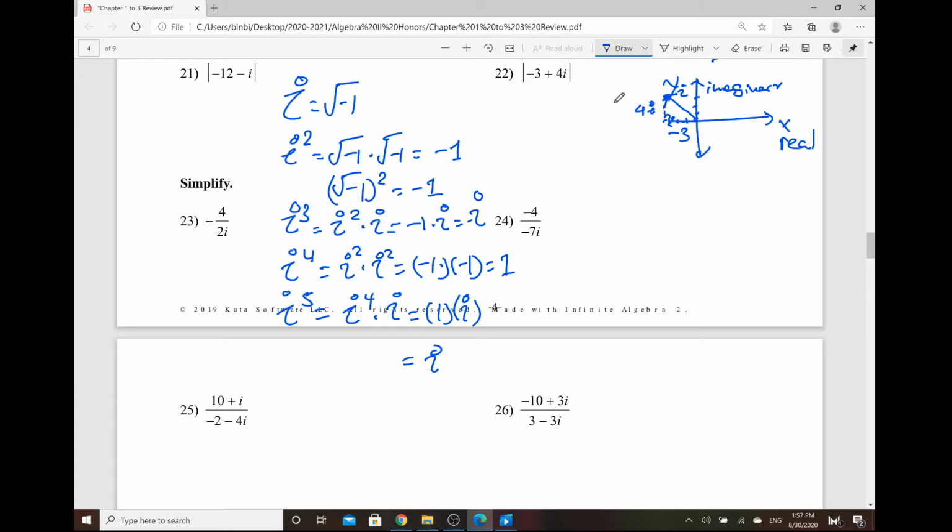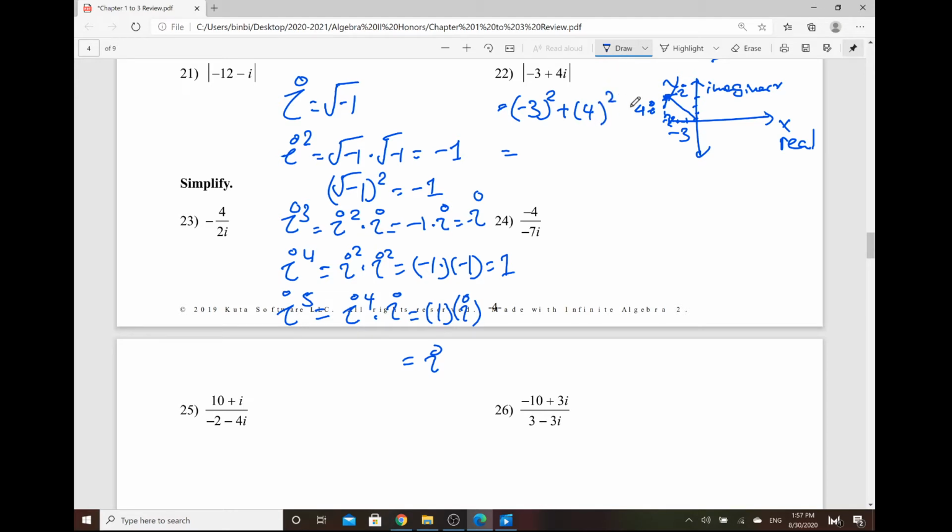The way to find it is by using the Pythagorean theorem. Again, it's a right triangle. In order to find the distance of the hypotenuse, we need to use the Pythagorean theorem. So this would be -3 quantity squared plus 4i quantity squared. The i we don't need to use, because we just want to take the number. There's no need to put it in, because it's just the indicator of the imaginary number.